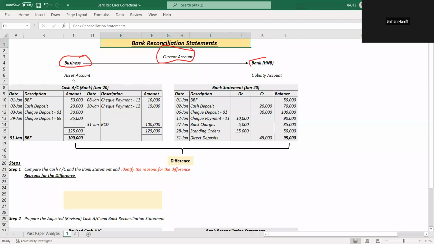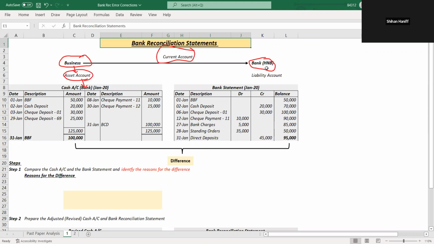Therefore, if the business deposits money in the bank, it is recorded in the bank account. Bank account is an asset account. It will be debit. Deposits are debit. And any payments we have to credit. Receipt, debit, payment, credit. Similar to the cash account.